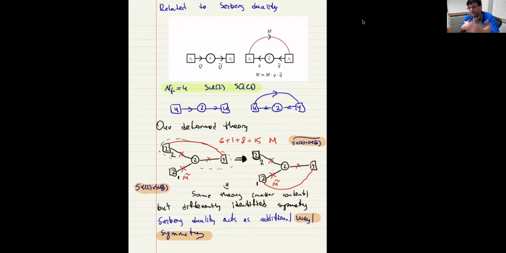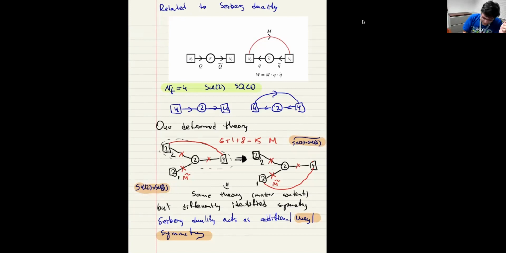So if Seiberg duality is correct, these two theories should be the same. So this theory has SU6 times SU2. This theory has an SU6 times SU2, but these are different SU6 times SU2s. So the fixed point in the infrared has to contain both of these groups. So it has to be a bigger group. And the bigger group which has these various decompositions is the A6 group.